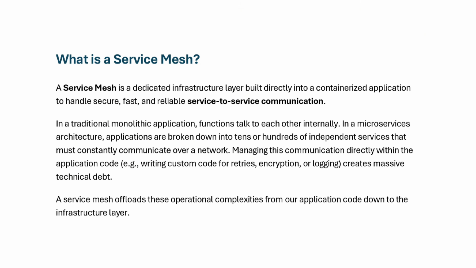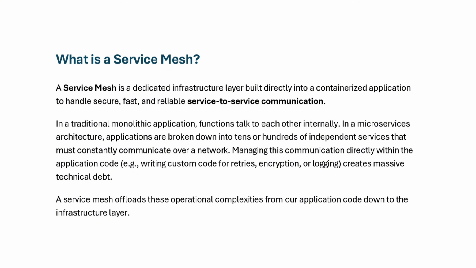So first, let's understand what is a service mesh. A service mesh is a dedicated infrastructure layer built directly into a containerized application to handle secure, fast, and reliable service-to-service communication. In a traditional monolithic application, functions talk to each other internally.